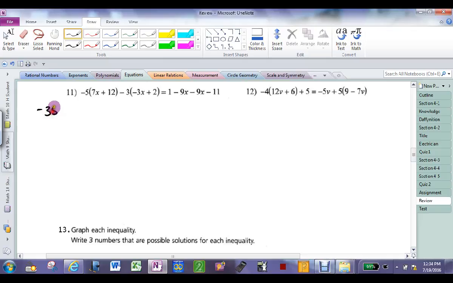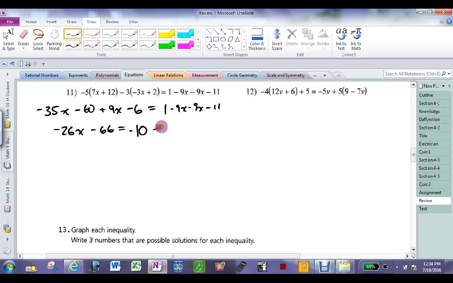Negative 35x minus 60 plus 9x minus 6 equals 1 minus 9x minus 9x minus 11. Collect your like terms. Negative 35 plus 9 is negative 26x. Negative 60 minus 6 is negative 66 equals 1 minus 11 is negative 10.